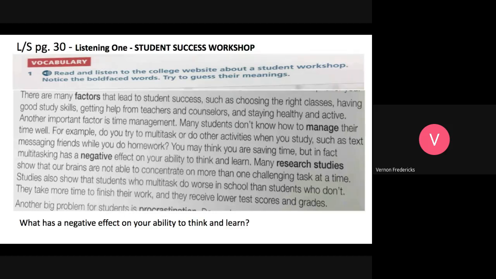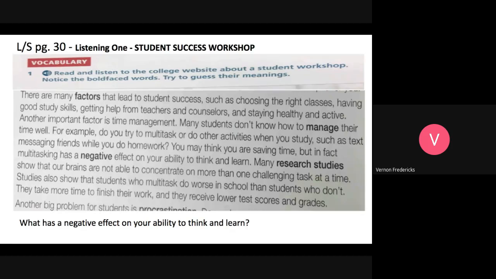Many students don't know how to manage their time well. For example, do you try to multitask or do other activities when you study, such as text messaging friends while you do homework? You may think you are saving time, but in fact, multitasking has a negative effect on your ability to think and learn.